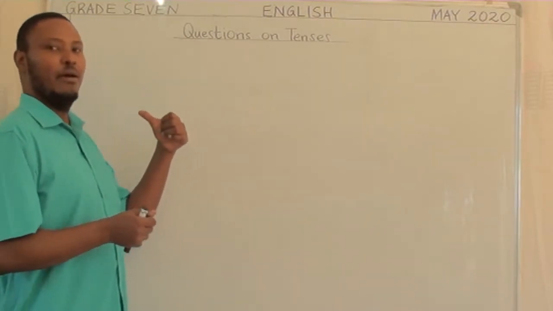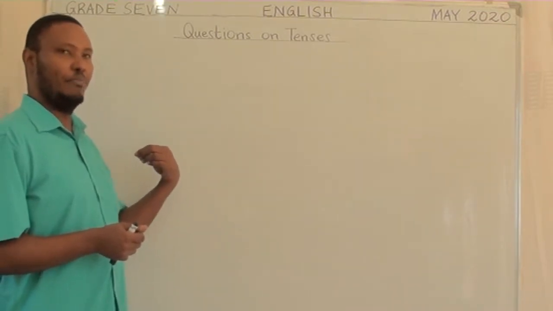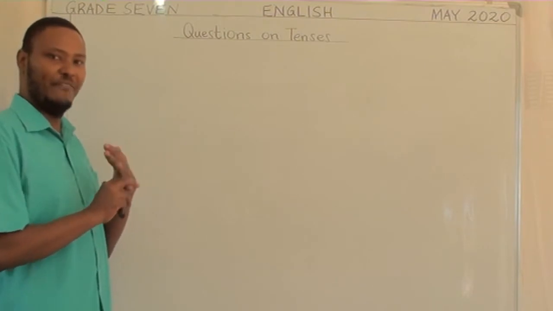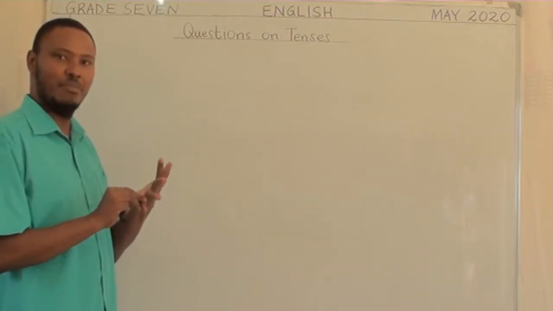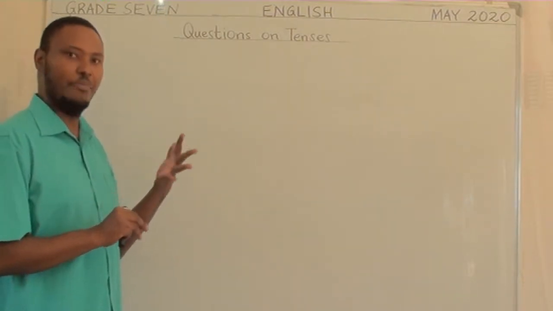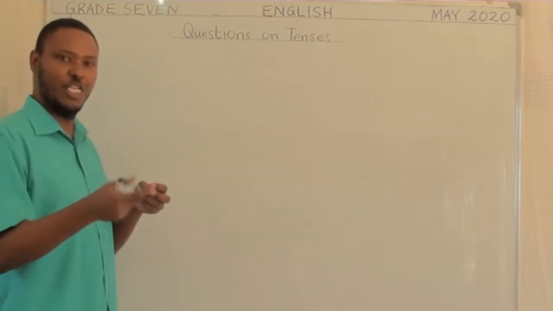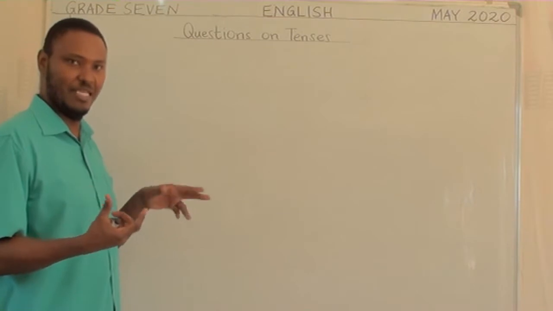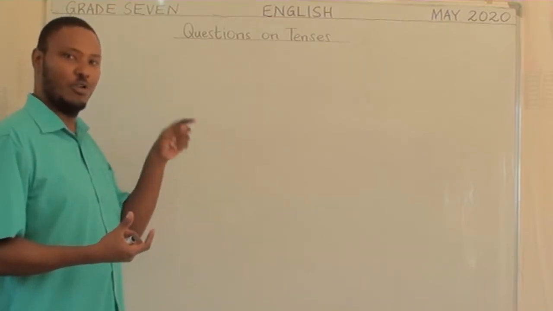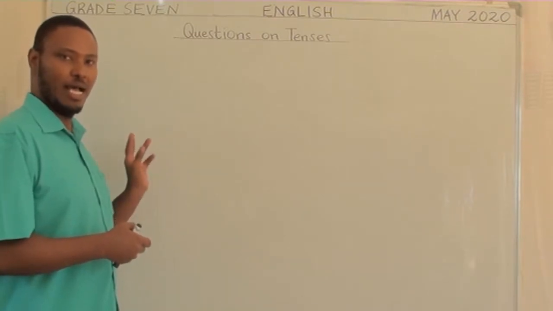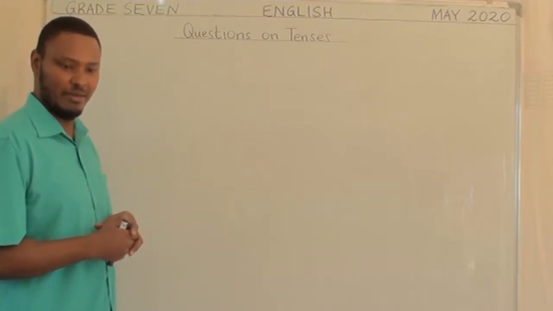Using the present participle, in the present continuous tense, the helping verbs are am, is, and are. In the past continuous tense, we have was and were as the helping verbs. In the future continuous tense, we have shall be and will be as helping verbs.